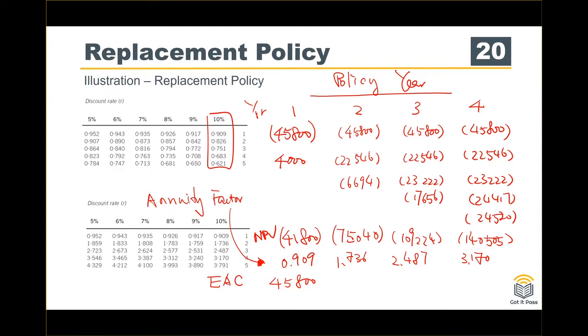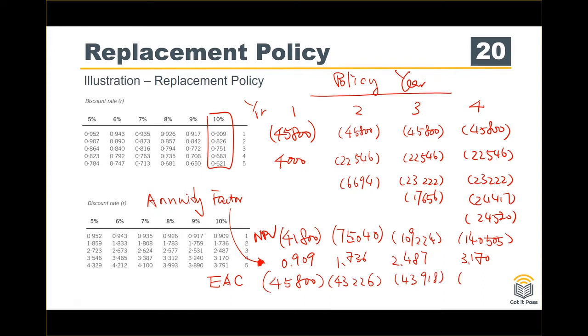For the 2-year policy, it's 43,226. For 3 years, it's 43,918.